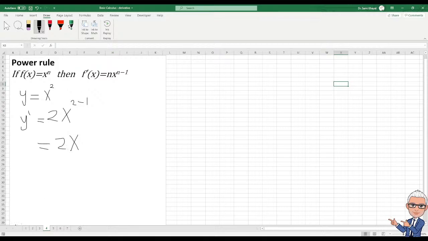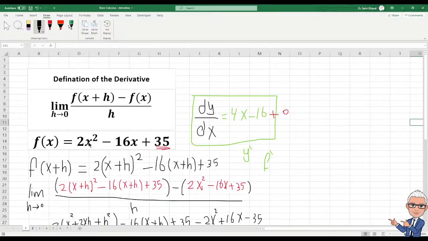If you go back here, you can see the answer is 2x. This 2 comes from the exponent. Let's see this one, why it is 16.